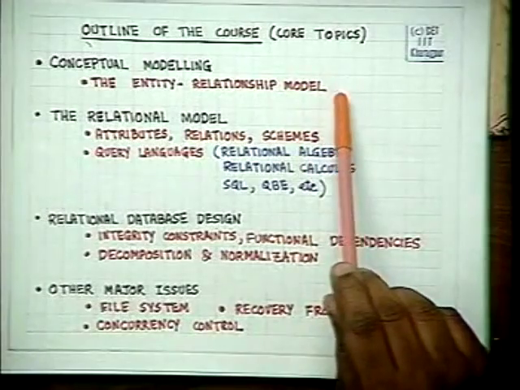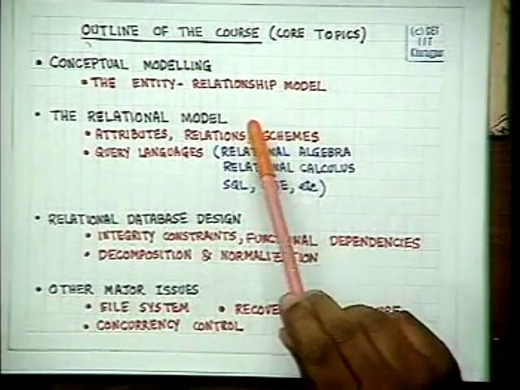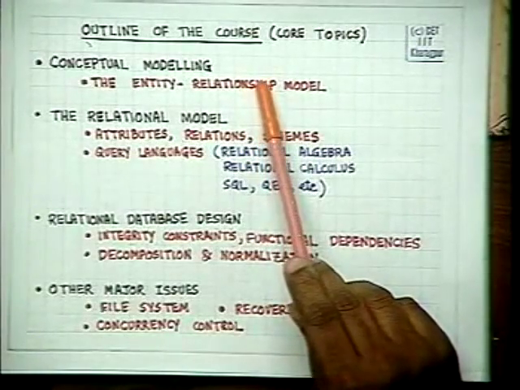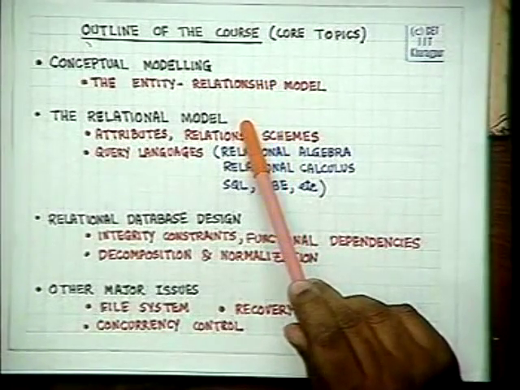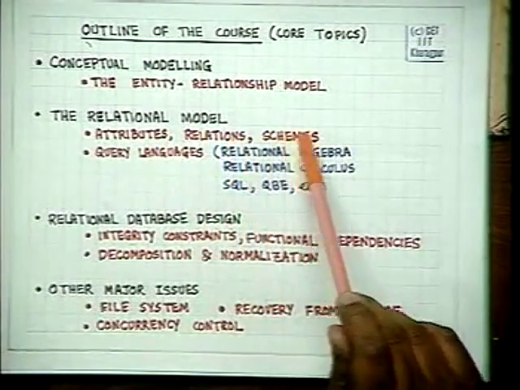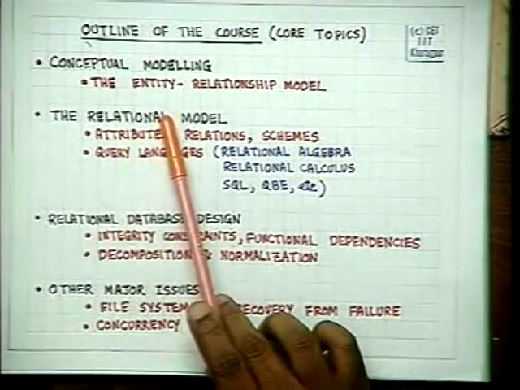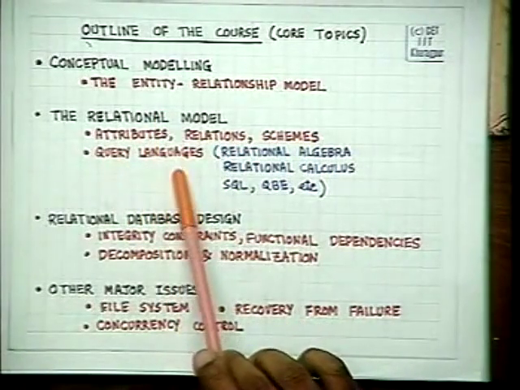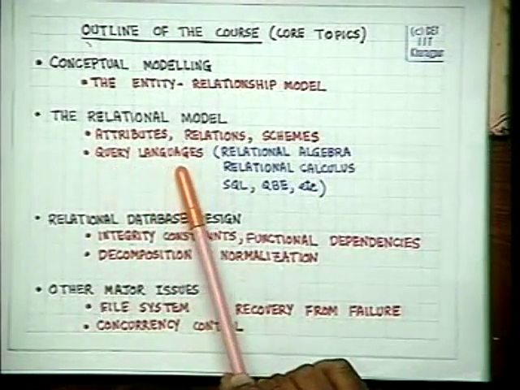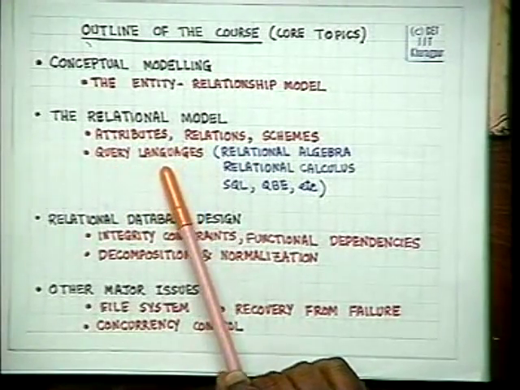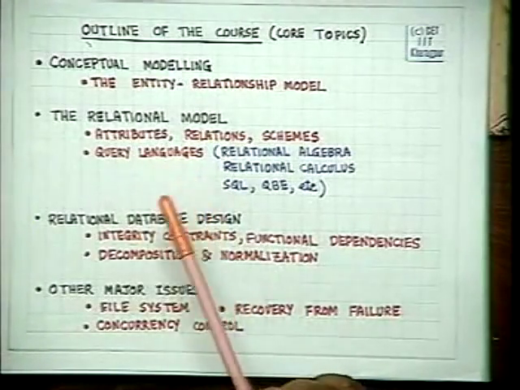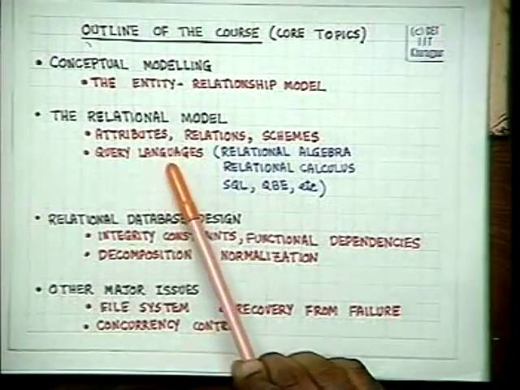We will also go into the relational model, and we will see how the entity relationship model can be converted into the relational model, where we will see attributes, relations, tables, schemes. In the relational model, we will discuss the data manipulation techniques, of which the query languages, the theory of the query languages, the commercial query languages available, and the relationship between these query languages.